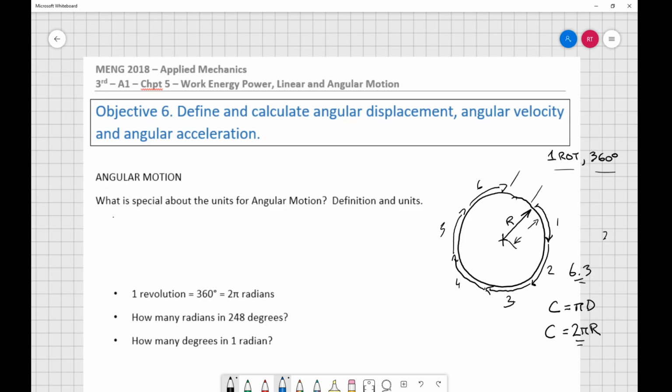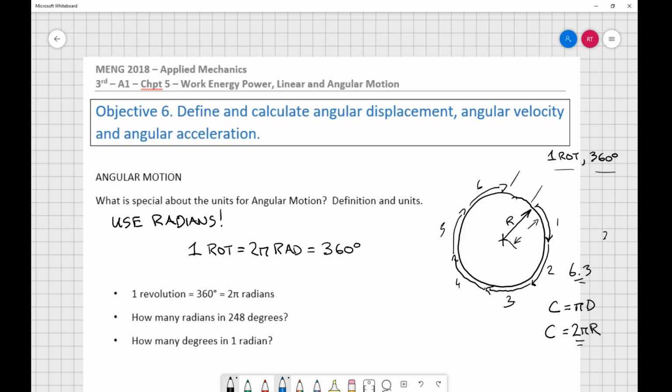We are going to use radians. We can use this type of conversion: one rotation is equal to 2 pi radians, which we also know is equal to 360 degrees.